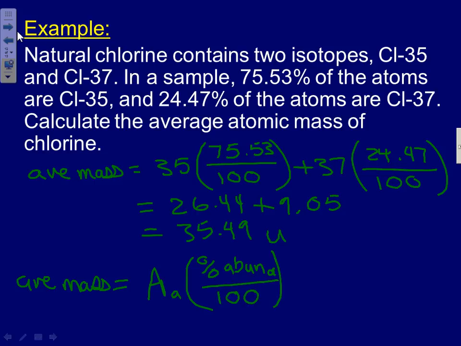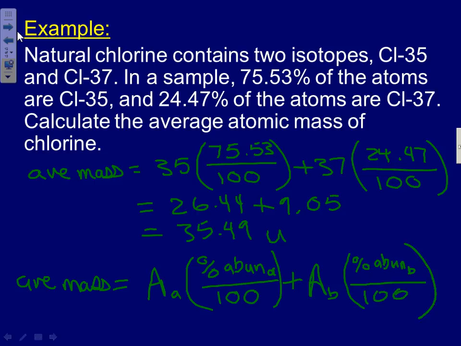So what did I do? I took the mass of A times the percentage abundance, what percentage of it is it, divided by 100, plus the atomic mass of B. Yay, that's fun. I like the trend here. B times the percentage abundance of B divided by 100.